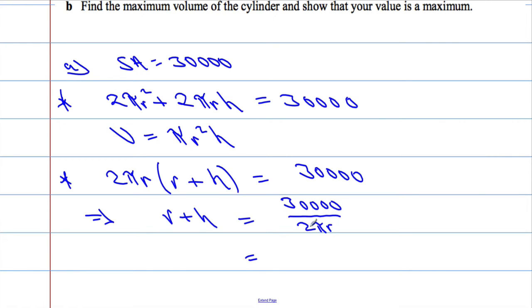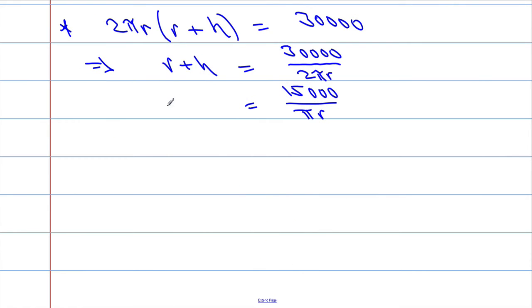In fact, I can cancel the 2 into the 30,000 and get 15,000 over pi r. And then lastly, I'm going to take r away from both sides. So h equals 15,000 over pi r, subtract r.